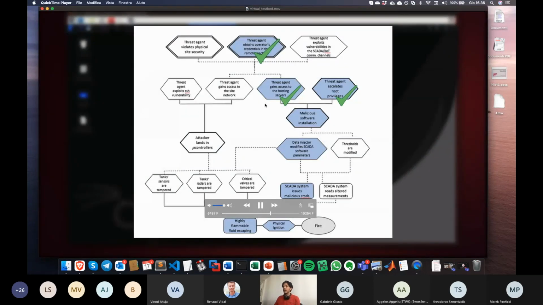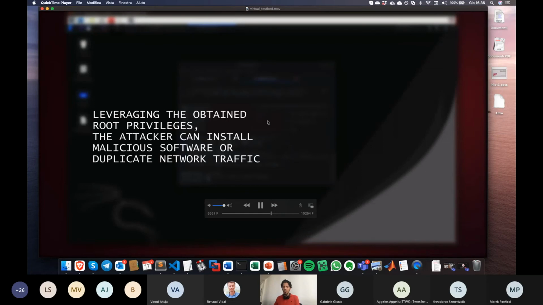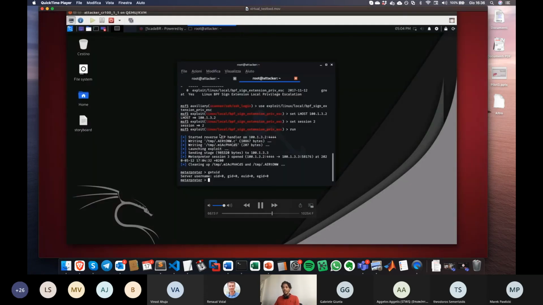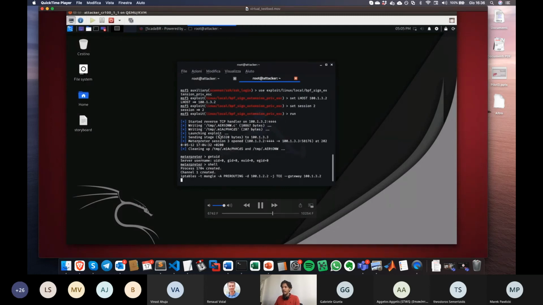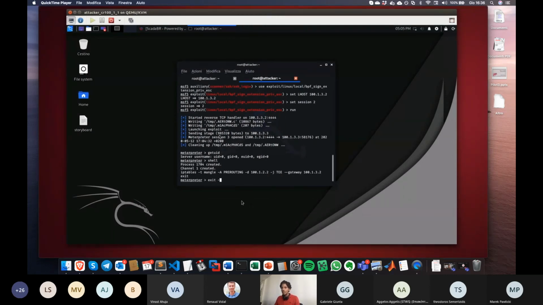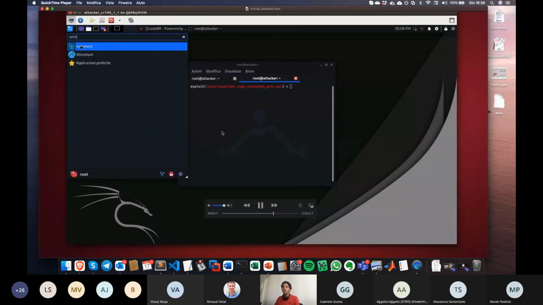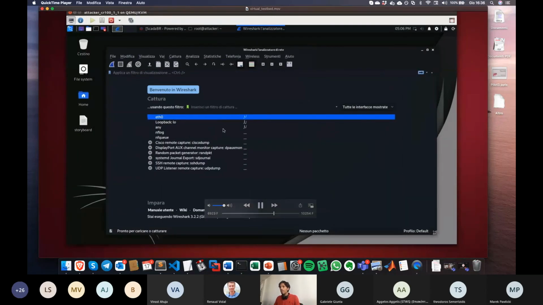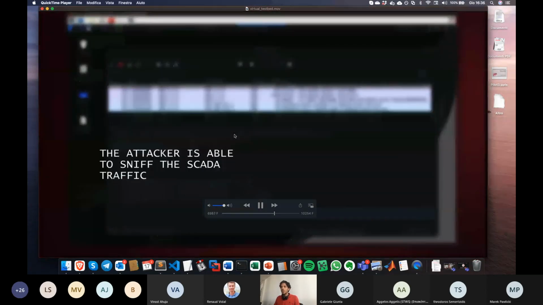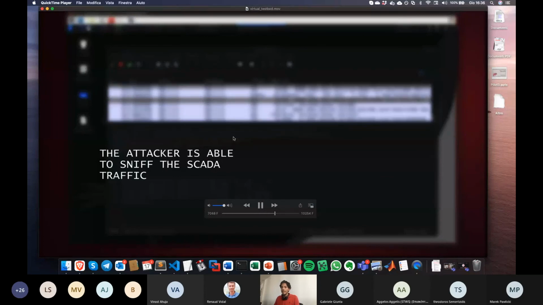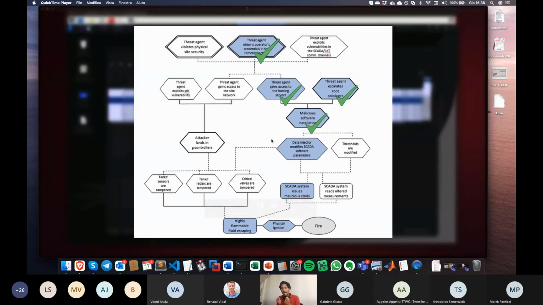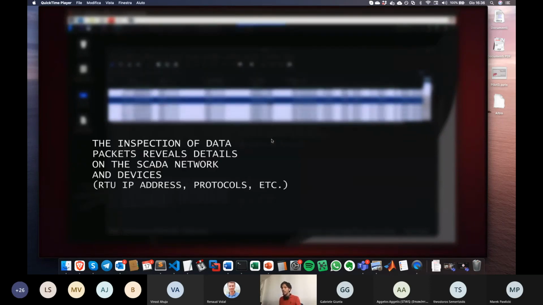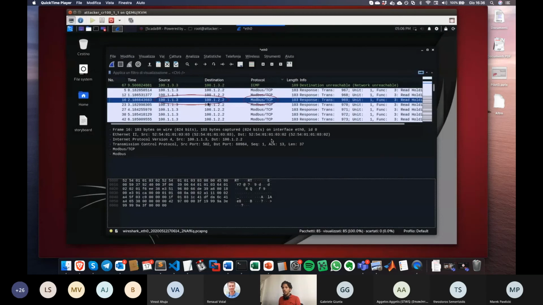So the attacker can escalate the privileges of the user by, for example, leveraging a vulnerability on the operating system that most of the time is outdated and not updated with the security patches. Once he has control of the machine and has root privileges, he can sniff the network and understand the packets that are sent to the RTUs.